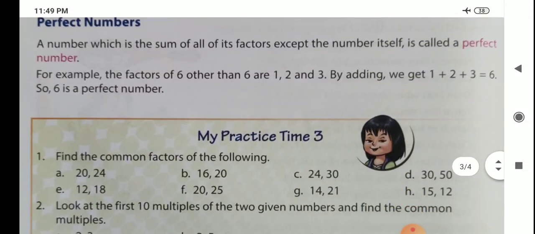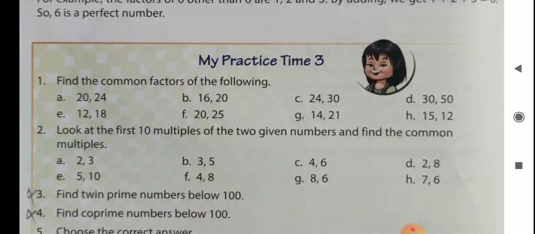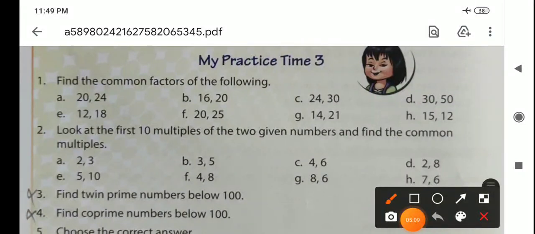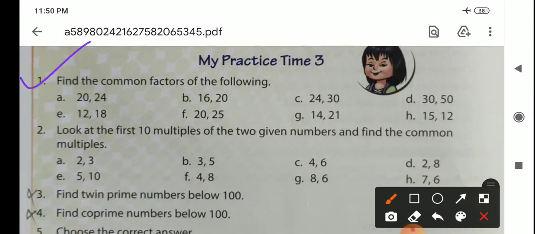Then, children, comes my practice time 3. First one you see, number one: find the common factors of the following. So first you find out the factors of 20, then find out the factors of 24, then identify which are common and write.